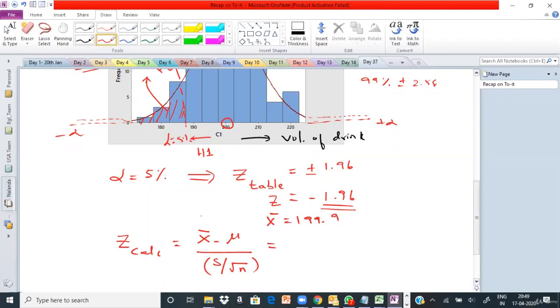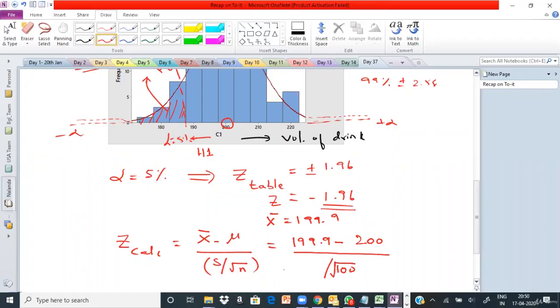What is my mu? Mu you have to take it from your test of hypothesis. What is the test of hypothesis talking about? You have to take it from H naught. That is 200. This is 200 divided by standard deviation by square root of n. n is total 100 data points I have. So square root of 100 is here.